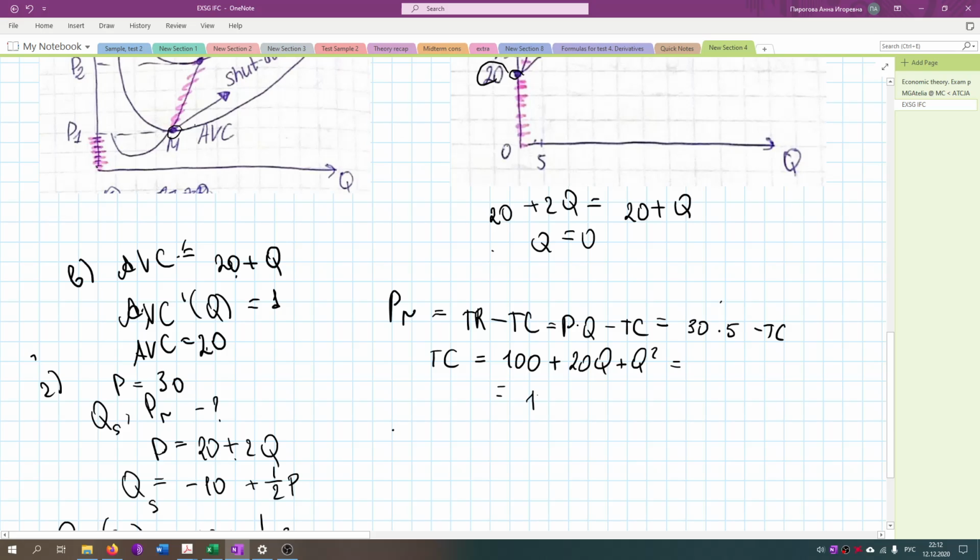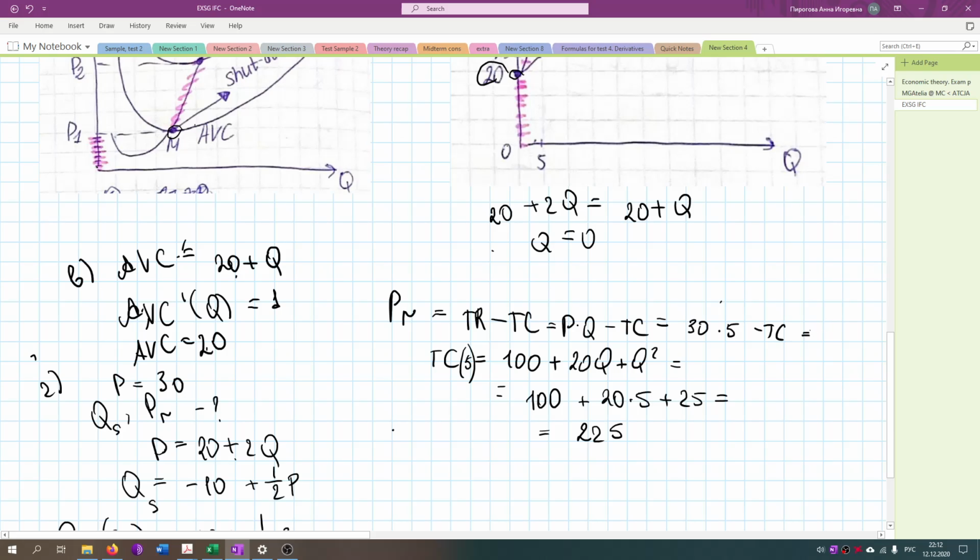So in case our quantity is equal to 5, our total cost will be 100 plus 100 plus 25, and it will be 225.